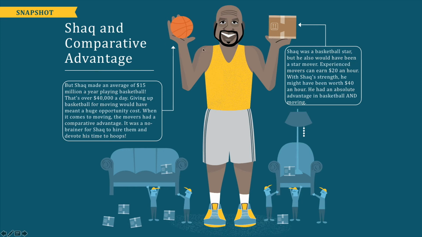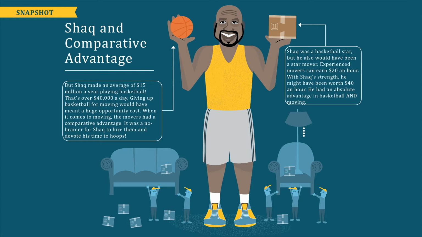So when Shaq chooses to become a basketball player, what is he losing? He's losing $40 per day. But if Shaq chooses to be a cargo carrier, he's going to lose $40,000 per day, which is high. Remember from the previous week, if you want to decide which option to choose, you have to either minimize your cost or maximize the valuation.